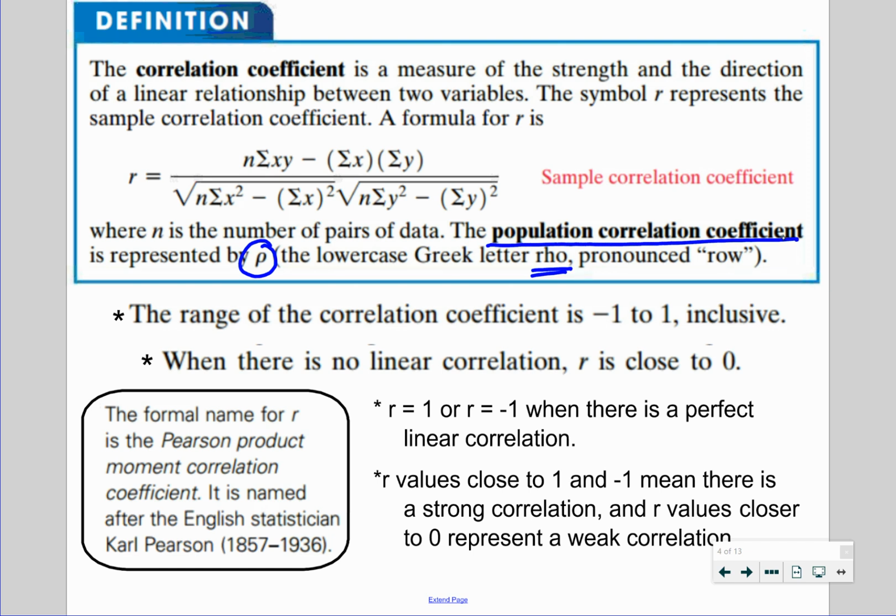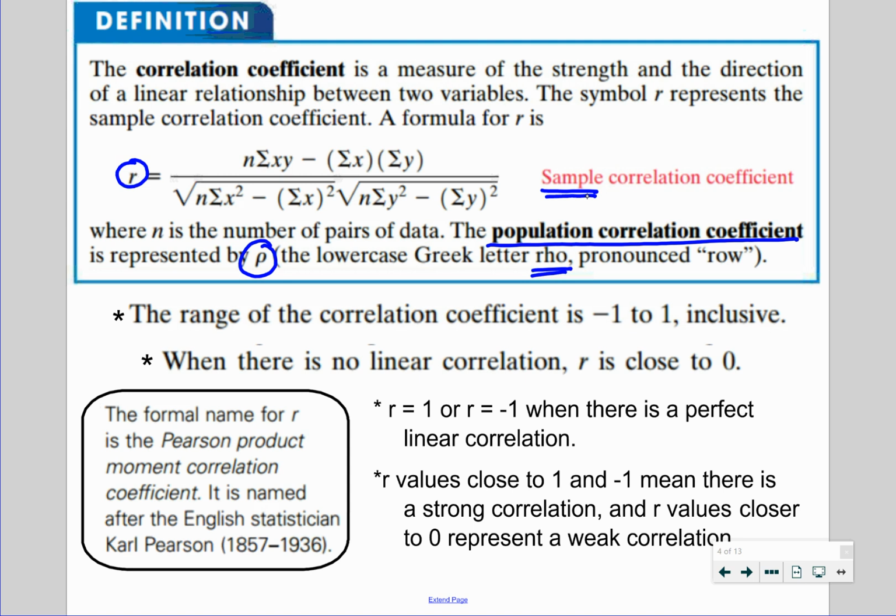So if you have population data and you want to calculate the correlation of it, you use rho. And it looks like a letter P because it's a Pearson correlation coefficient. That's why they use the letter P. That's the guy who figured this out. R is the one that we see more often, and that is a sample. So if we have a sample of data, we use R to calculate the correlation. We call it the correlation coefficient.